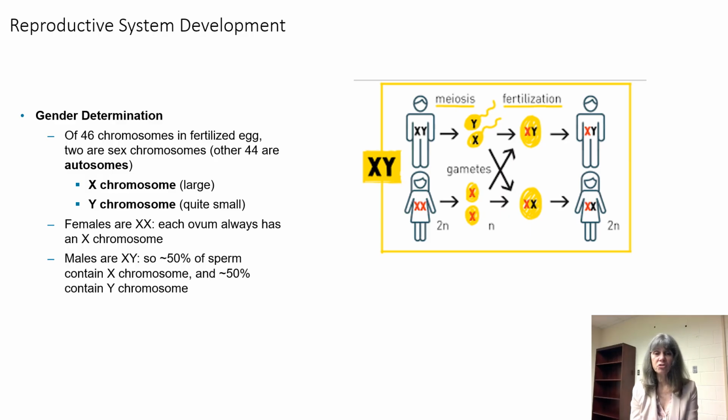Females have 2 X chromosomes. In terms of eggs and sperm, each ovum always has 1 X chromosome. So it's really the sperm from the male that's going to determine the sex of this developing baby. So males are XY. So 50% of sperm are going to have an X chromosome, and approximately 50% will contain a Y chromosome.